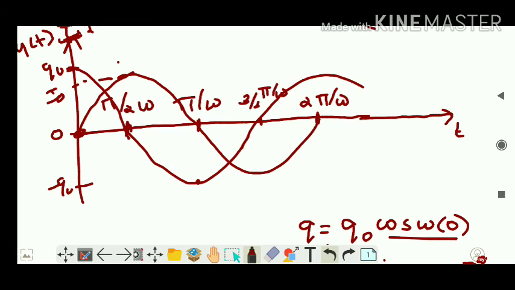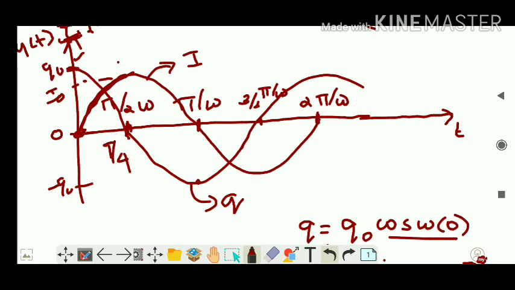Clear? This is for current, this is for charge. So you can plot the current as well as the charge waveform in the case of an LC circuit.